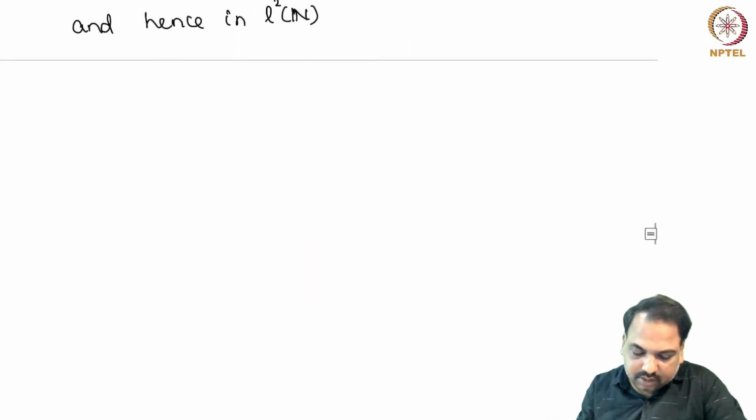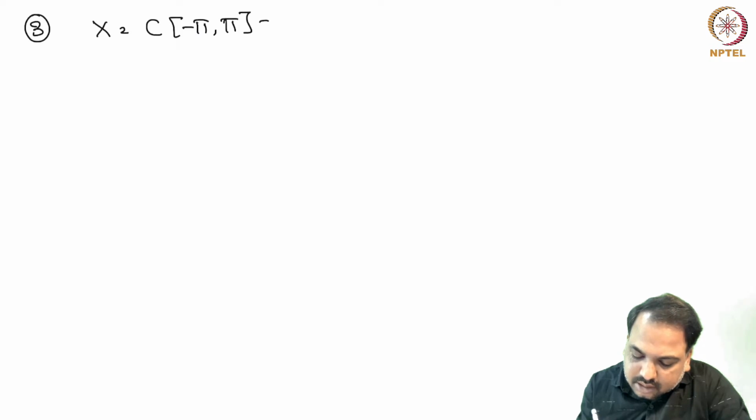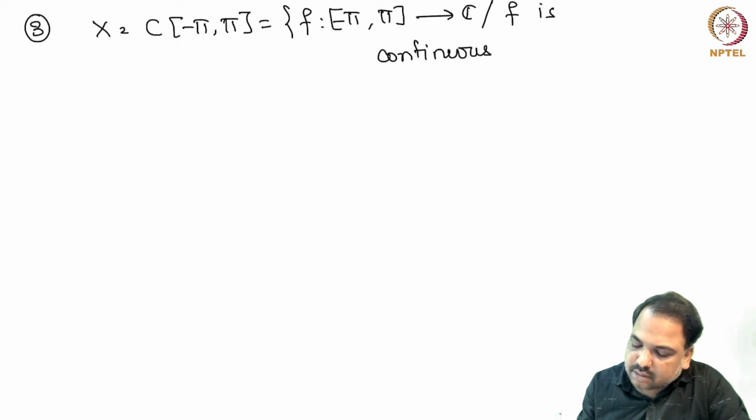Okay, let us look at one more example. Let us take X to be C of minus pi to pi, the set of all continuous functions defined on the closed interval minus pi comma pi, taking values in C, and f is continuous on minus pi comma pi.